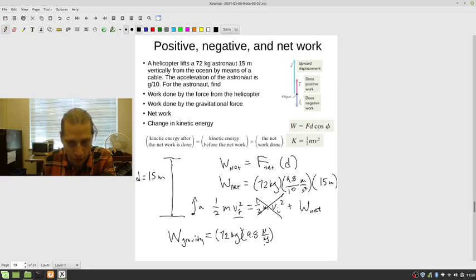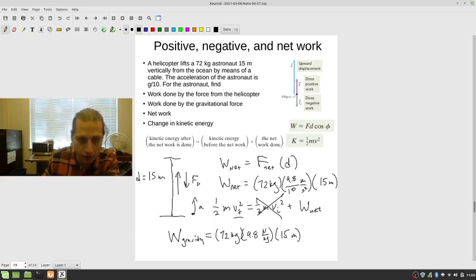So that's the force. The displacement is 15 meters. And the angle between these two, because gravity is pulling that way, the force is going down, the displacement is going up, times cosine of 180. So that makes this whole number a -1. So this work of gravity is negative.